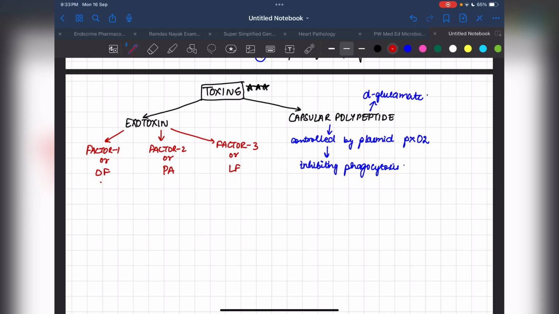Now what factor 1 does is that it will increase cAMP. It is an adenylate cyclase complex which will increase cAMP inside the cells. That will ultimately lead to fluid retention inside the cells, causing edema.